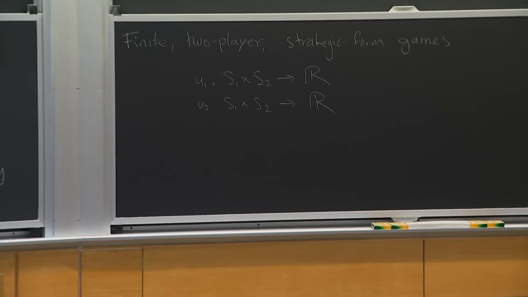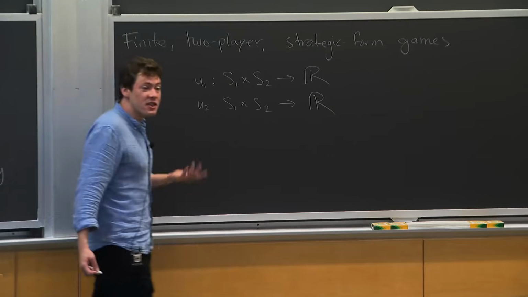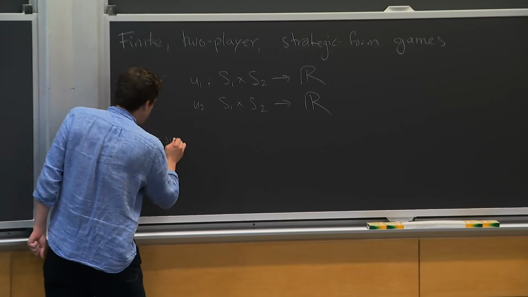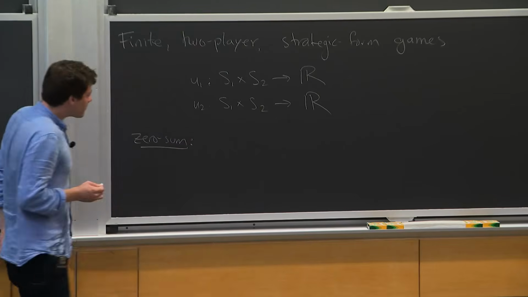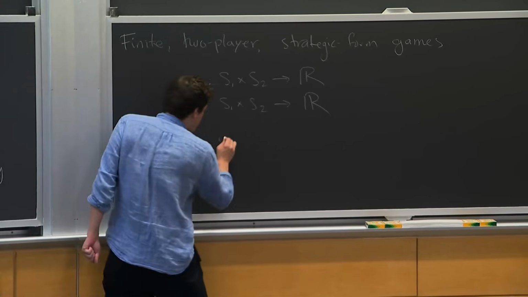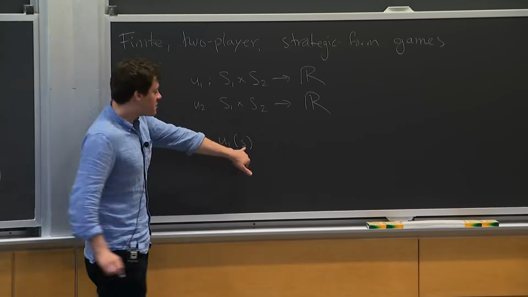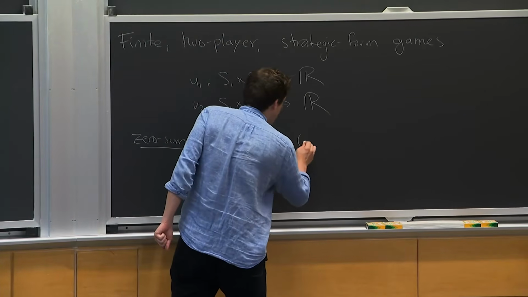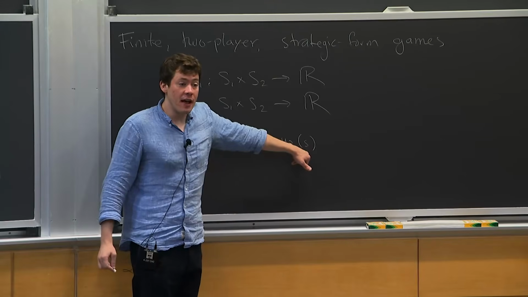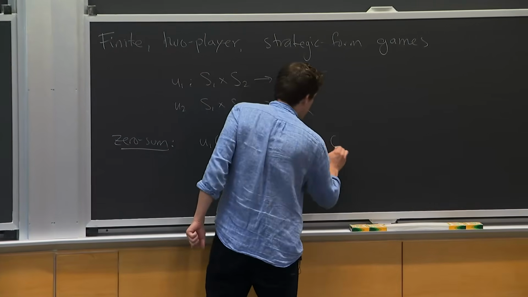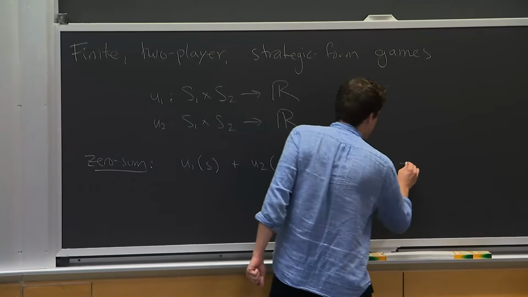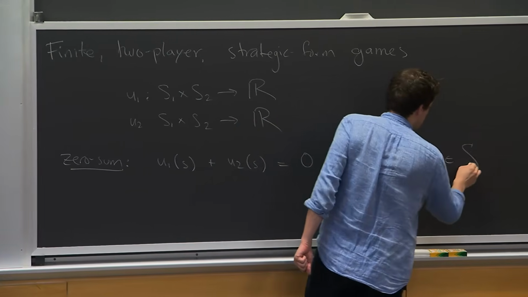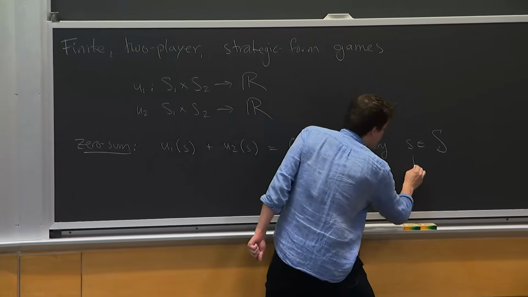What makes it zero-sum? Well, it's what you would think. The sum of the payoffs is 0. So this is zero-sum. What does this mean? It means that player 1's payoff from some strategy profile S plus player 2's payoff from the same strategy profile S is 0 for every strategy profile S. And remember, this is a strategy profile.